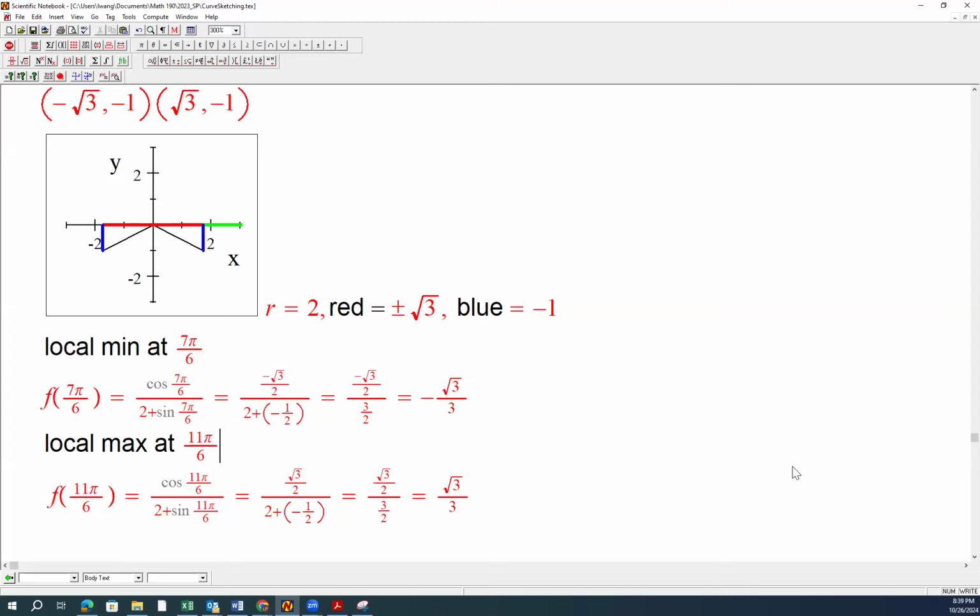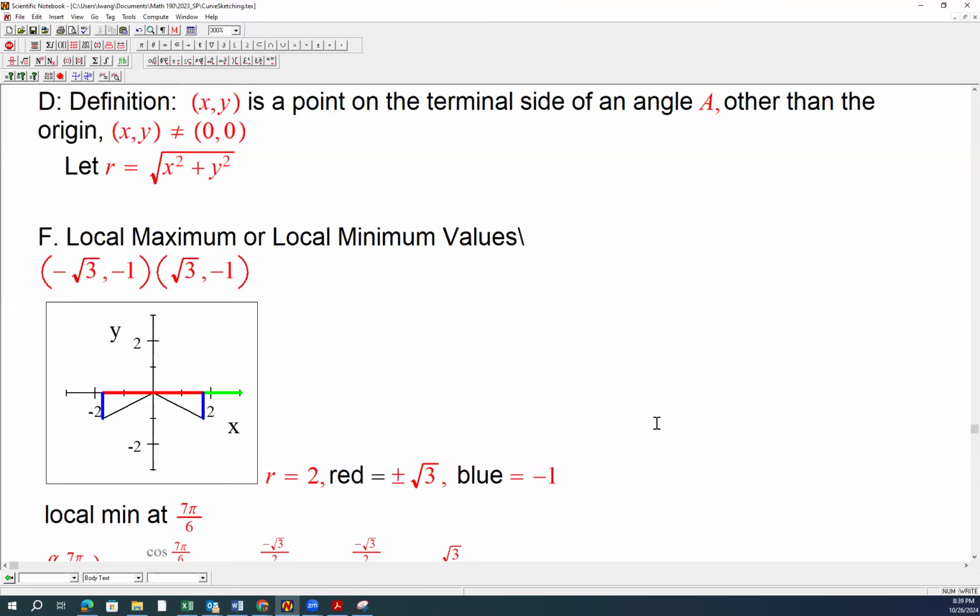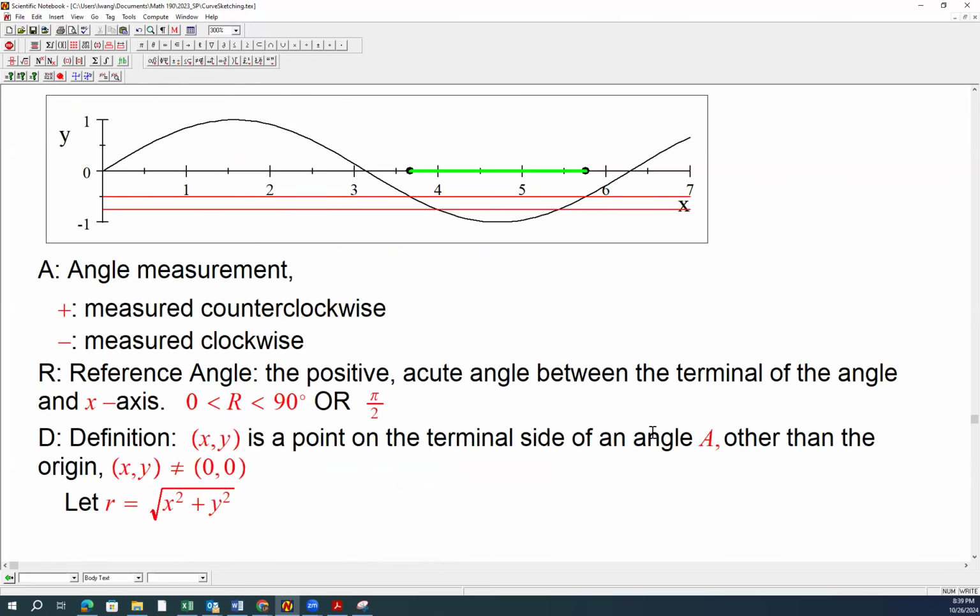I know this may be pretty overwhelming for a lot of you guys. It really calls for your knowledge in trigonometry. The point I'm trying to make here is that the crash course I have given you, if you focus on that, it will actually resolve all of these issues for you.